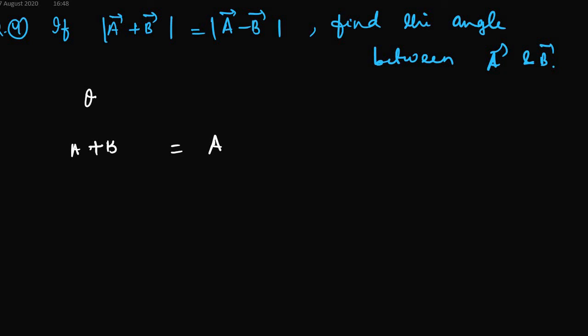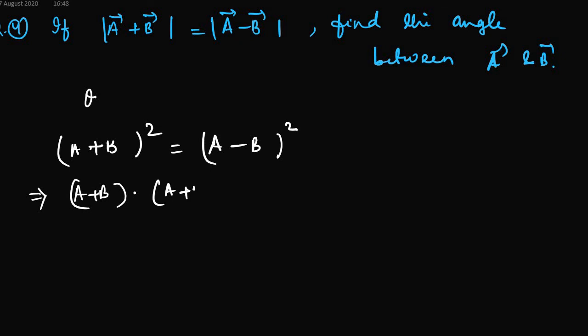A plus B equals to A minus B. And if that's so, I will take the square of it, and I will take the square of it as well. Okay, now I'm going to solve it. So A plus B into A plus B equals to A minus B into A minus B.